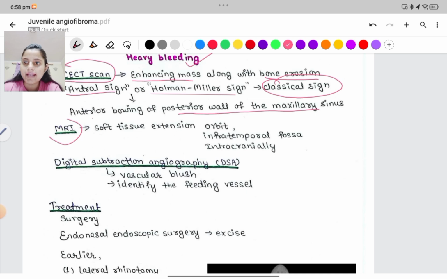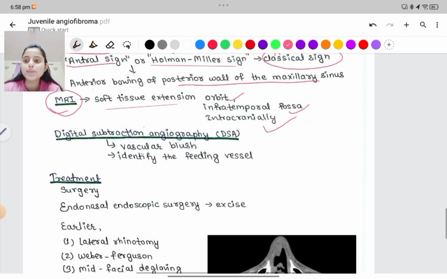We can do MRI to see the soft tissue extension in the orbit, infratemporal fossa and intracranially. We can do digital subtraction angiography, where we can see the vascular blush and identify the feeding vessel, which is important for preoperative embolization.